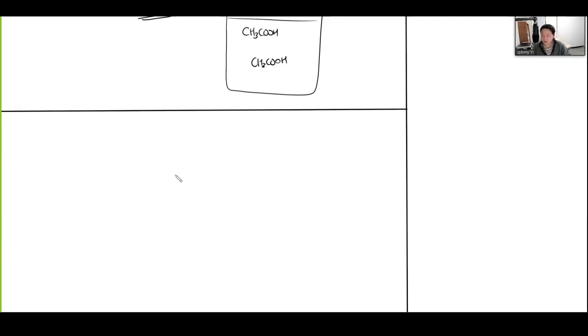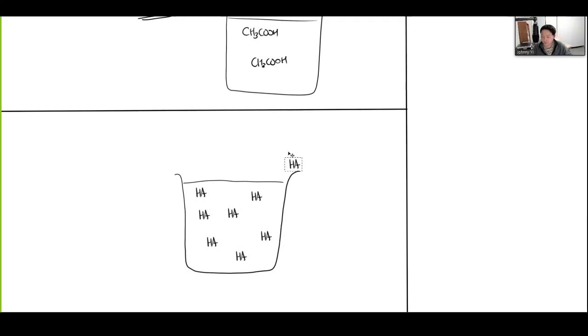Let's say inside this you have lots and lots of HA, the weak acid, and also lots and lots of conjugate base. That's your buffer solution.